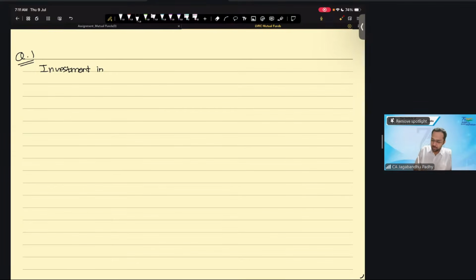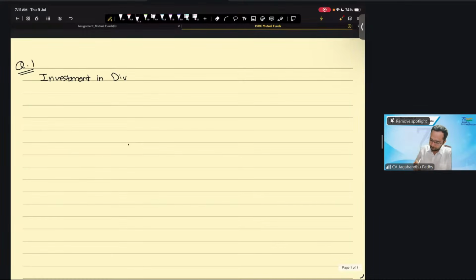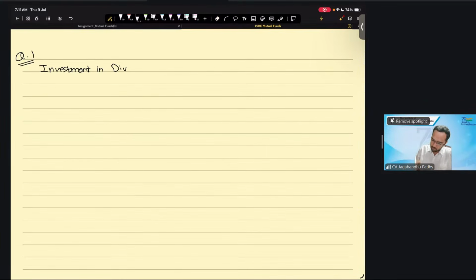Investment in dividend plan is going to be 70% of 15 lakhs.